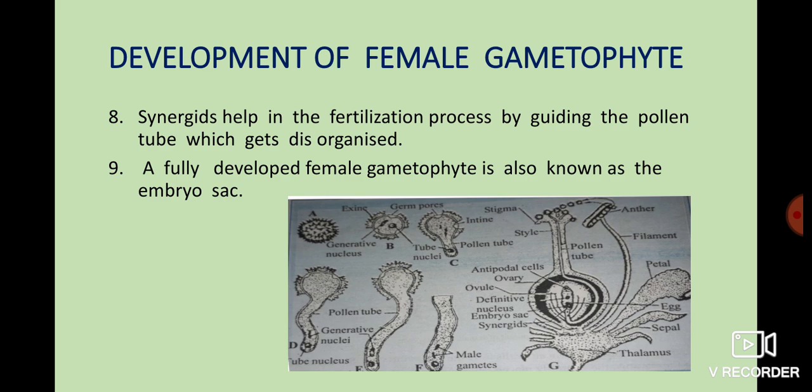So the pollen tube pierces into the embryo sac and tries to come in contact with the female gamete. Obviously it is expected that the synergids can get disorganized, so the synergids help maintain that organization. A fully developed female gametophyte is also known as the embryo sac. So for the female it is known as the embryo sac.